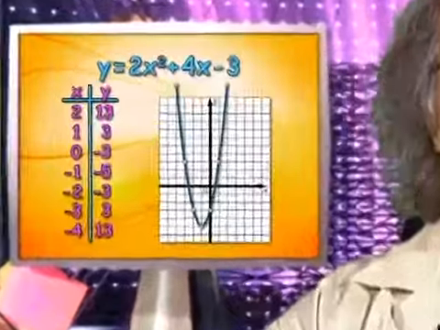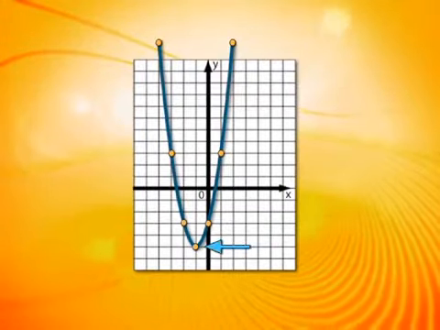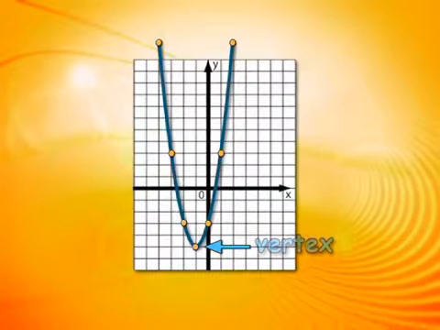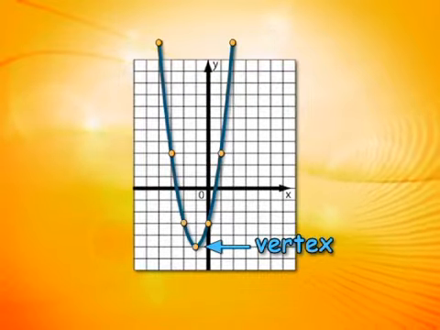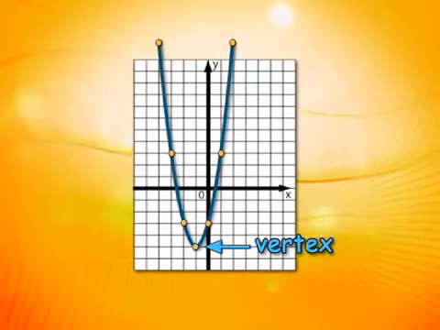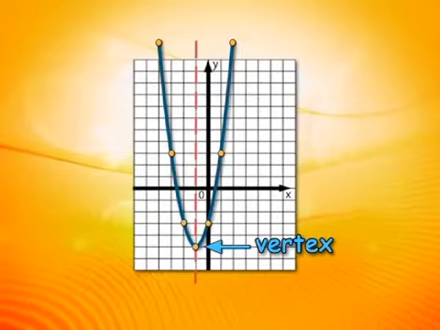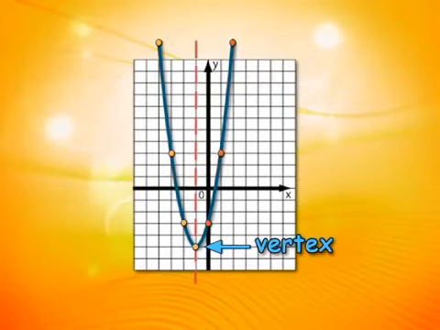Let's take a look at some of the points on the parabola. Notice that the parabola has a turning point, a point where the graph changes direction. This point is called the vertex. As you look at the points, you may notice that the pairs seem to go together. In fact, if we consider a vertical line passing through the vertex, you notice that each point to the left of the vertical line has a corresponding point to the right.